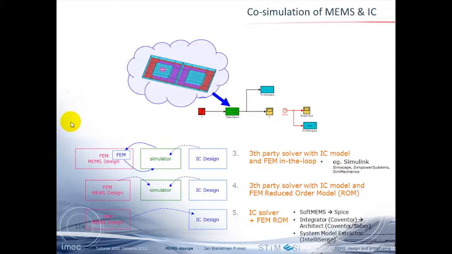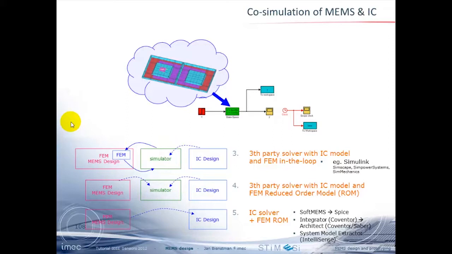Coventor has a tool, the integrator, that takes the finite element model and calculates equivalent mass-spring models or equivalent capacitance matrices so that it can be imported into Architect and then solved in, let's say, this Sabre environment which I've shown you.